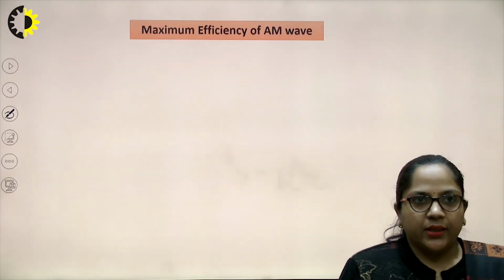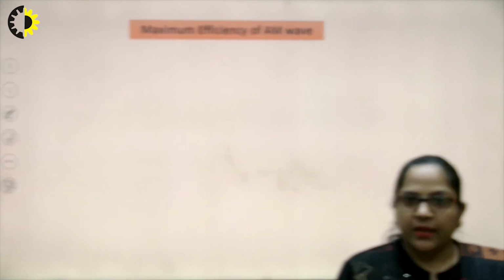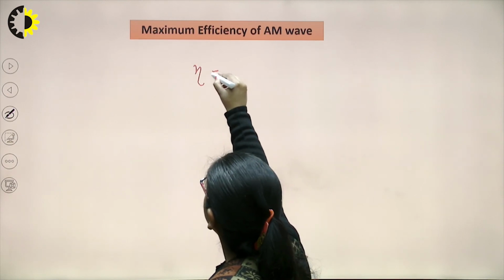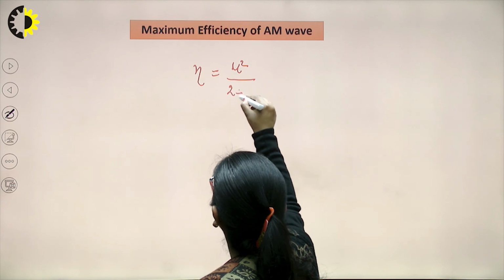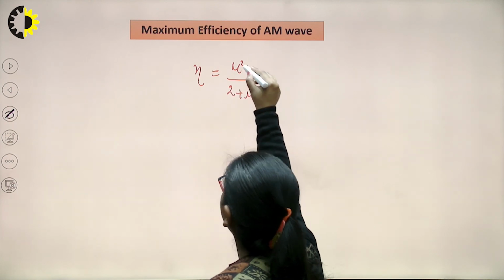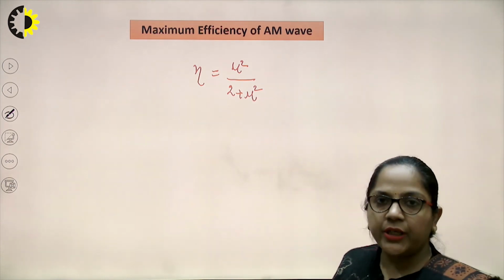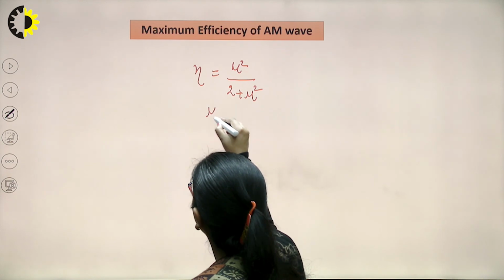How can we calculate the maximum efficiency of the AM wave? What maximum amount of efficiency are we getting? The maximum efficiency is the ratio of mu square to 2 plus mu square, where mu is the modulation index. The maximum value of modulation index we can have in amplitude modulation equals 1.